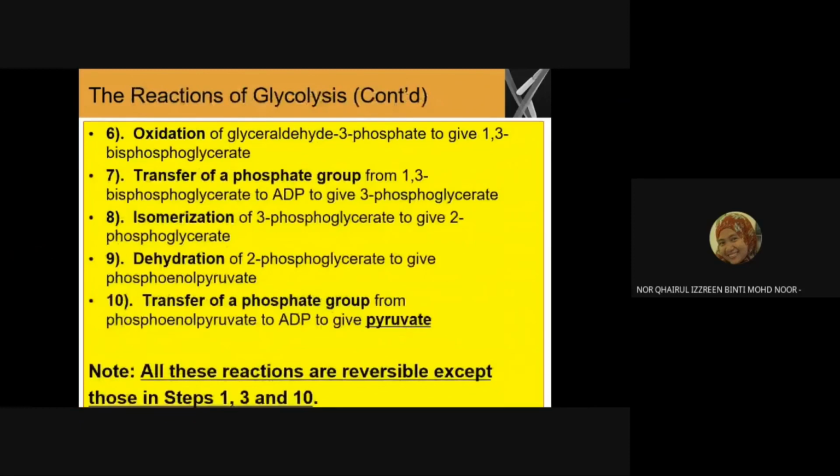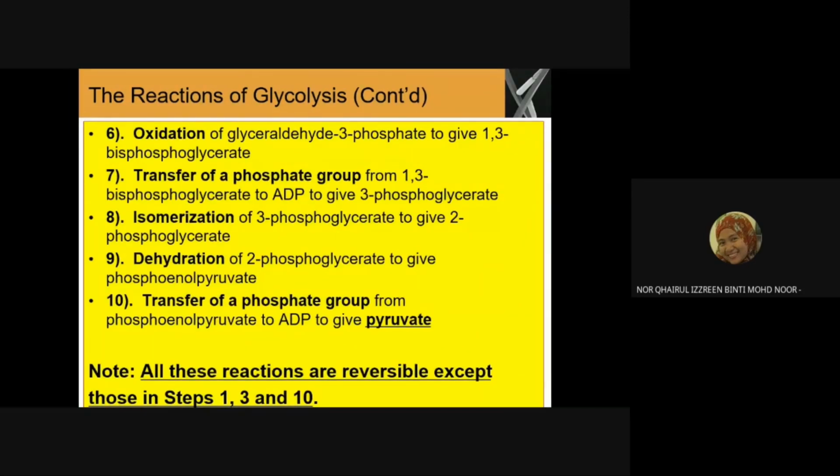Step 6 is the oxidation of glyceraldehyde 3-phosphate to give 1,3-bisphosphoglycerate. Step number 7 is the transfer of a phosphate group from 1,3-bisphosphoglycerate to ADP to give 3-phosphoglycerate, and then the isomerization of 3-phosphoglycerate to give 2-phosphoglycerate.